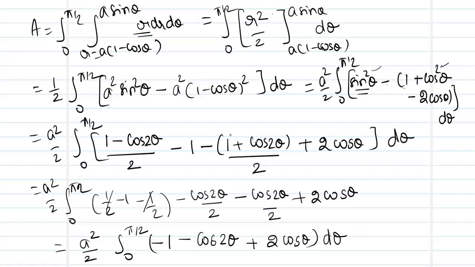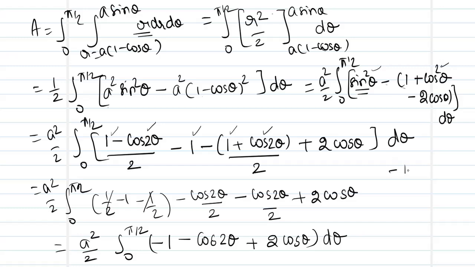Now, let us collect all the constant terms first. 1 by 2 minus 1 minus 1 by 2. So, 1 by 2 and minus 1 by 2 cancel off, leaving you with minus 1. Now let us collect all the cos 2 theta. Minus cos 2 theta by 2, and here there is a minus cos 2 theta by 2.